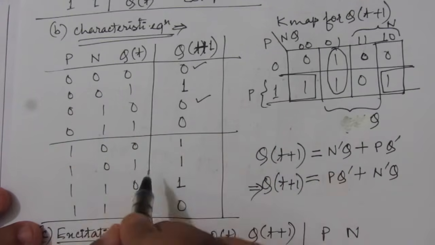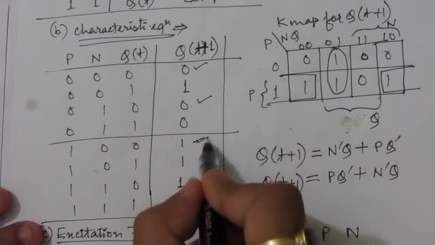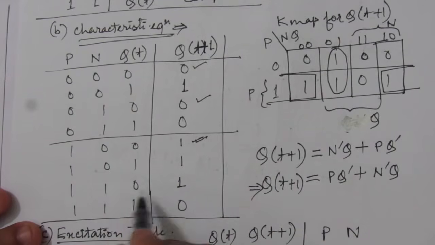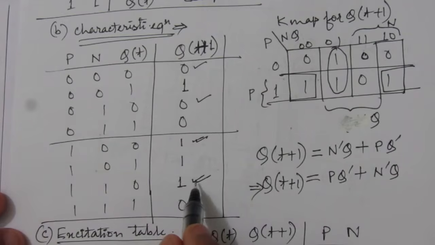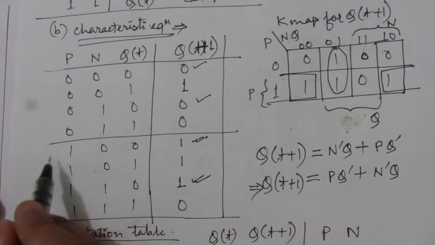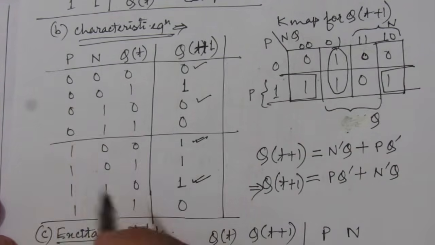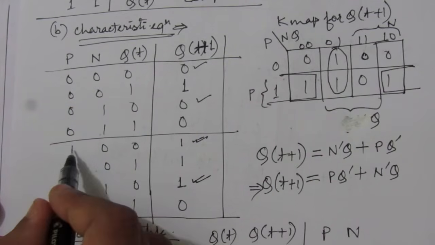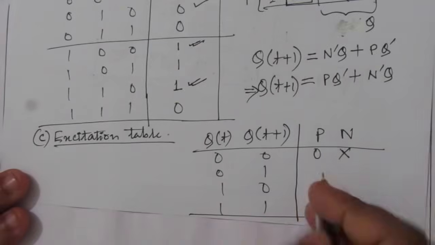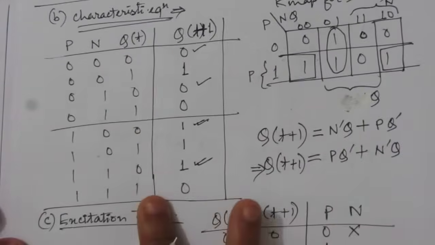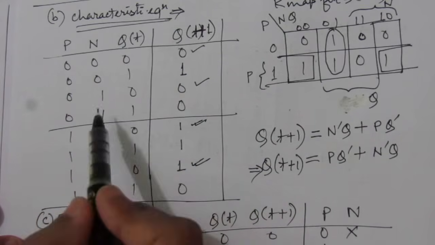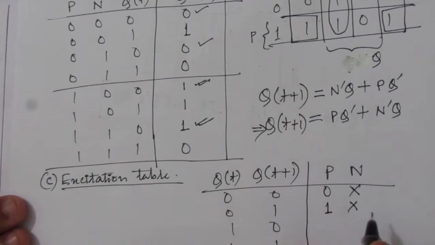So 01 is this one, and 01 is this, the fifth line and this seventh line. We have to see now the respective inputs, P and N. The P value is 1 for both cases, so we'll write P is equal to 1, and the N value is 0 and 1, so you can write it as a don't care condition.